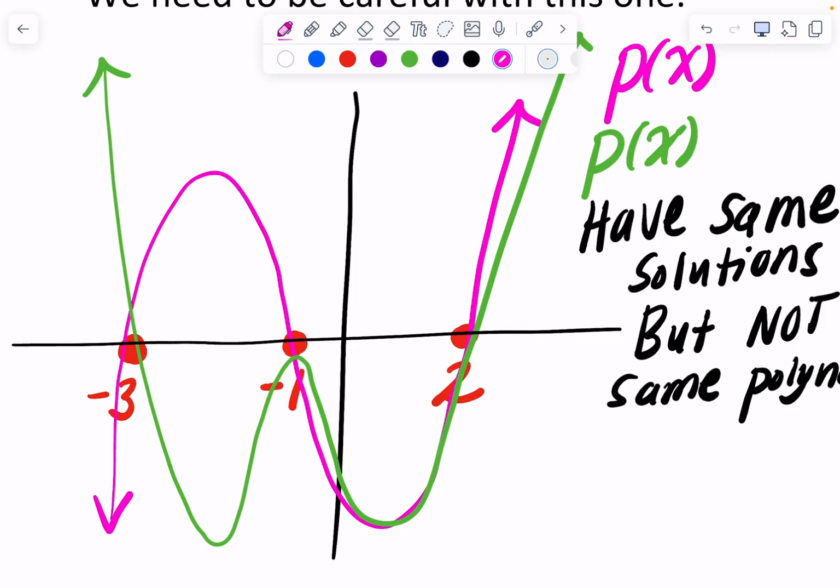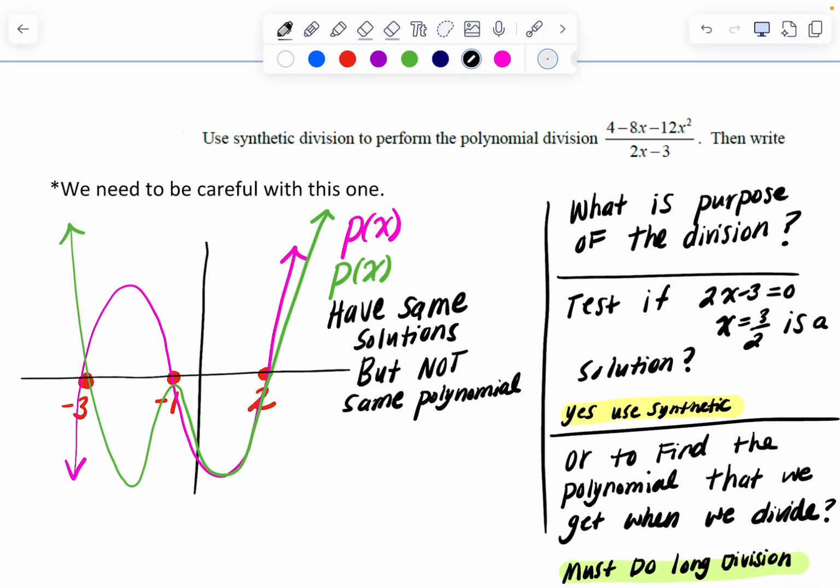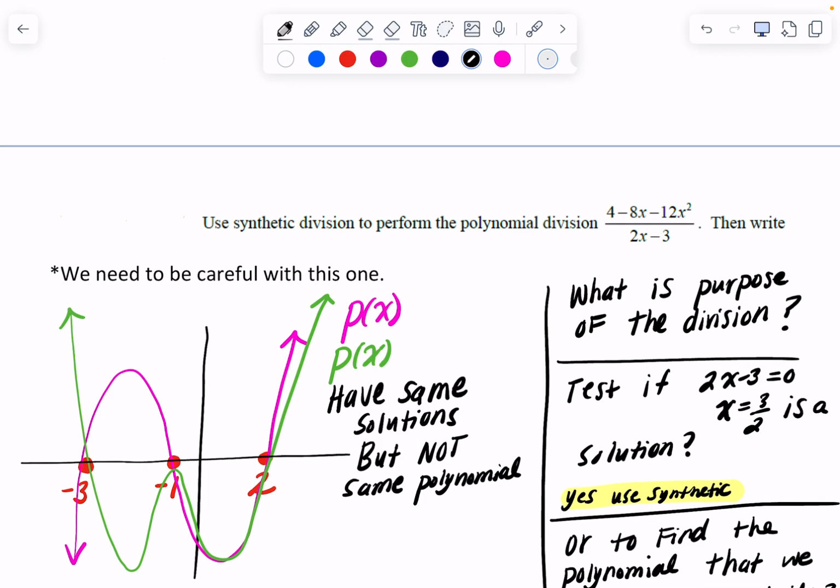Here's the thing. To use synthetic division, the rule is, and we probably should have written this rule down to begin with, your divisor has to have a leading coefficient of 1 and an exponent of 1 if you want to use synthetic division and get the right answer.